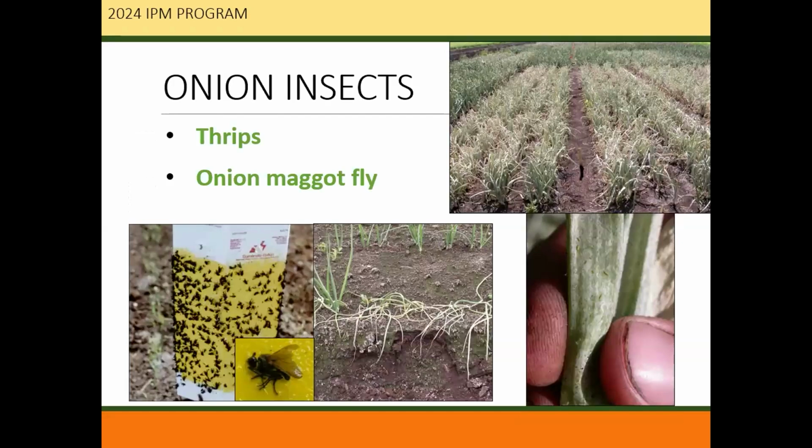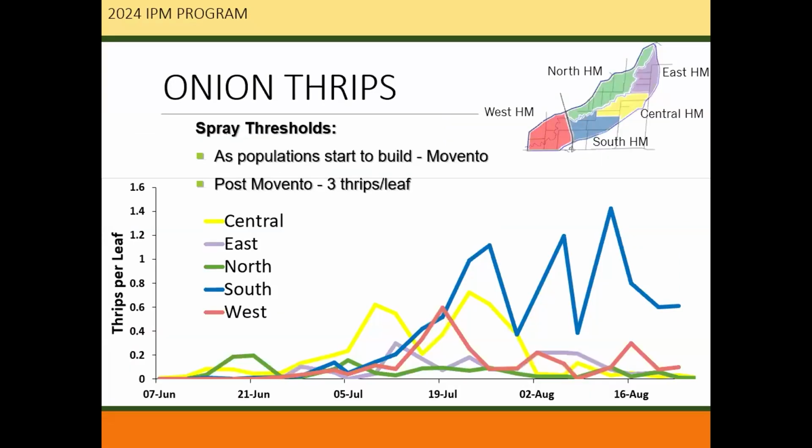And in terms of onion insects, thrips and onion maggot flies, those are the main ones that we're looking at. Both, though, weren't a serious issue last year. In terms of onion thrips, we have generally a 3 thrips per leaf threshold. That wasn't hit in any scouted onion field last year, so that was good. Onion thrips populations remained fairly low and fluctuated a little bit throughout the season.